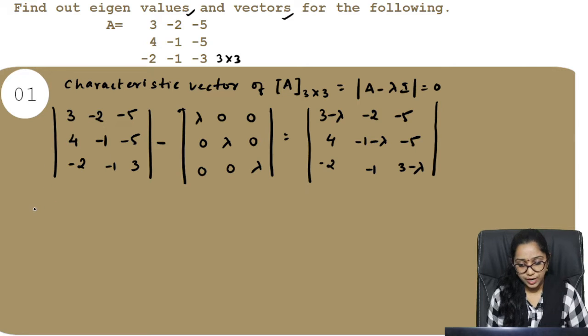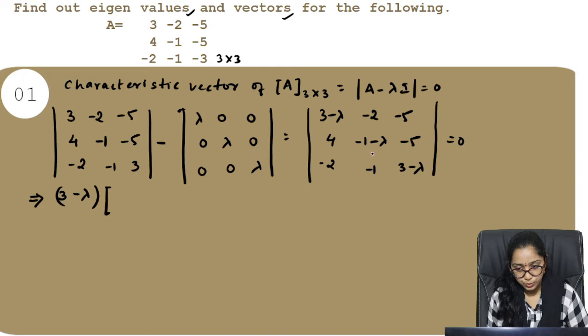Now to find the eigenvalues, we equate the determinant of this characteristic matrix to 0. The determinant will be written as (3 − λ) into its minor, and we multiply it out.